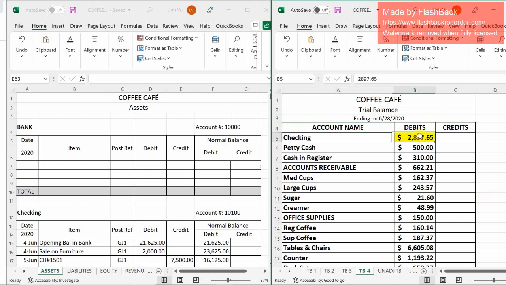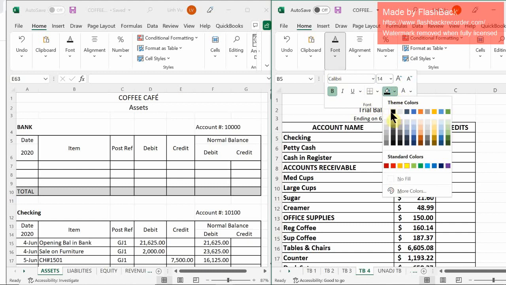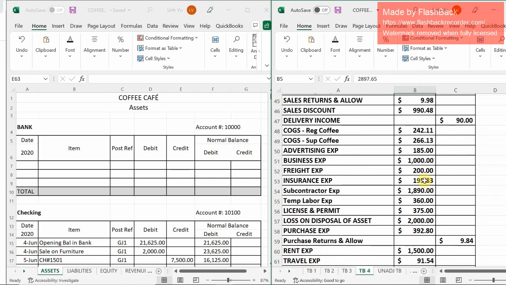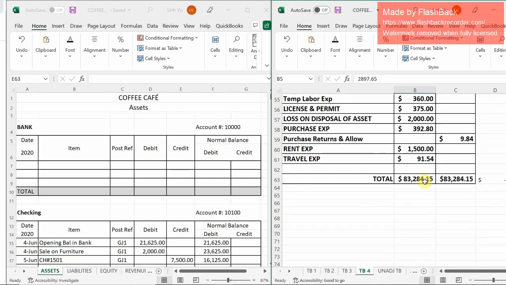And I'm also going to clear this out because we already know that that change has been made. No fill. So this is where we last left off on trial balance week 3.